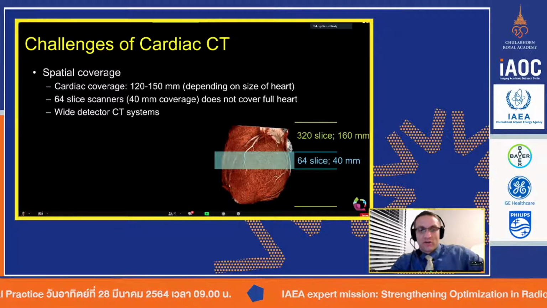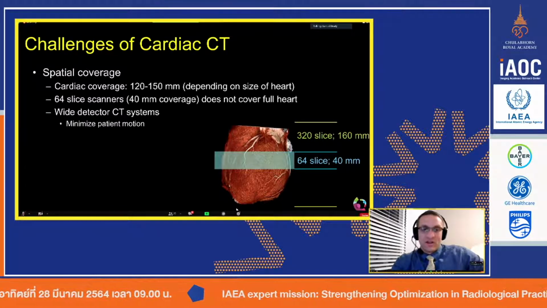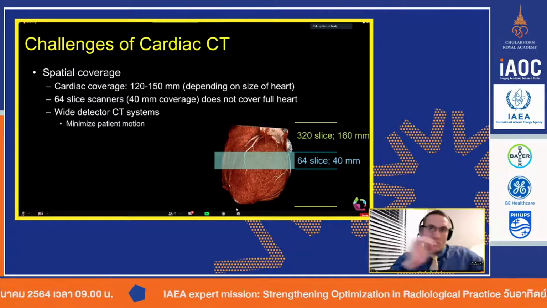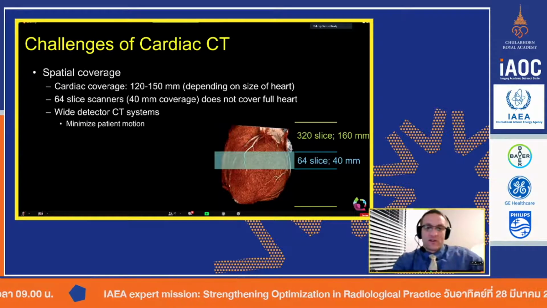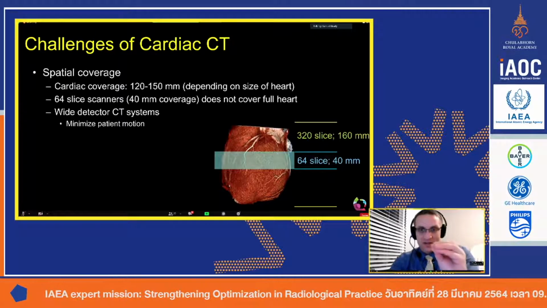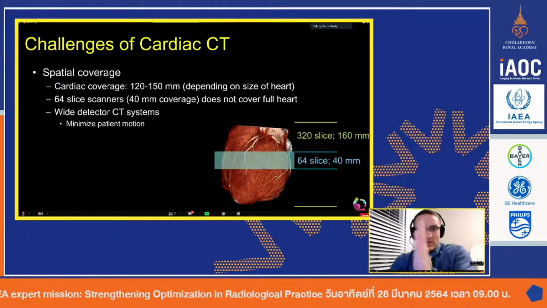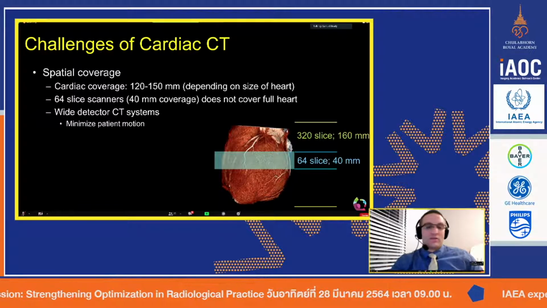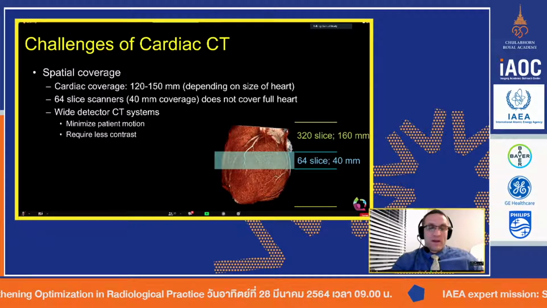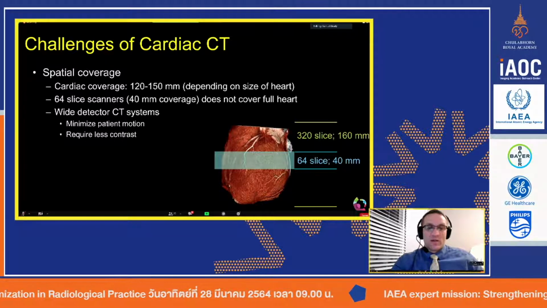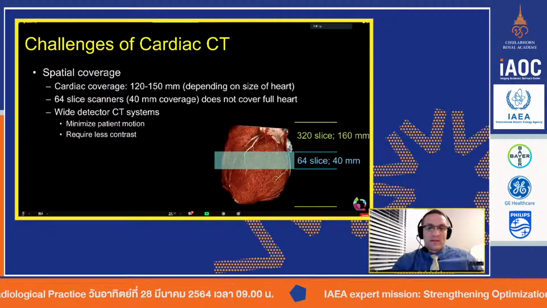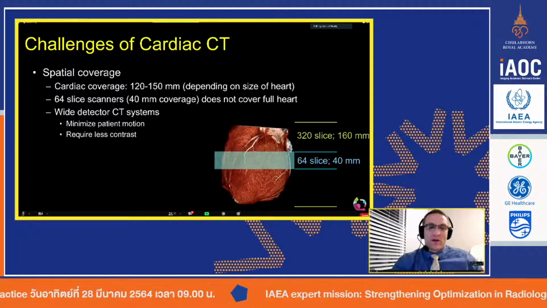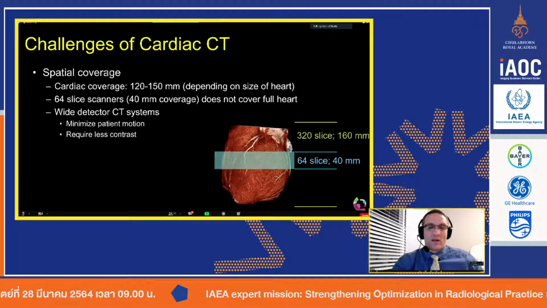Now, if you have that wide angle 16 centimeter 320 slice CT scanner, for the most part, you can get pretty much all the heart in a single rotation. Therefore, it's one rotation. You've collected all the data at that heartbeat, at that percentage of the phase, and you can move on. It's probably the fastest way you can acquire the data.